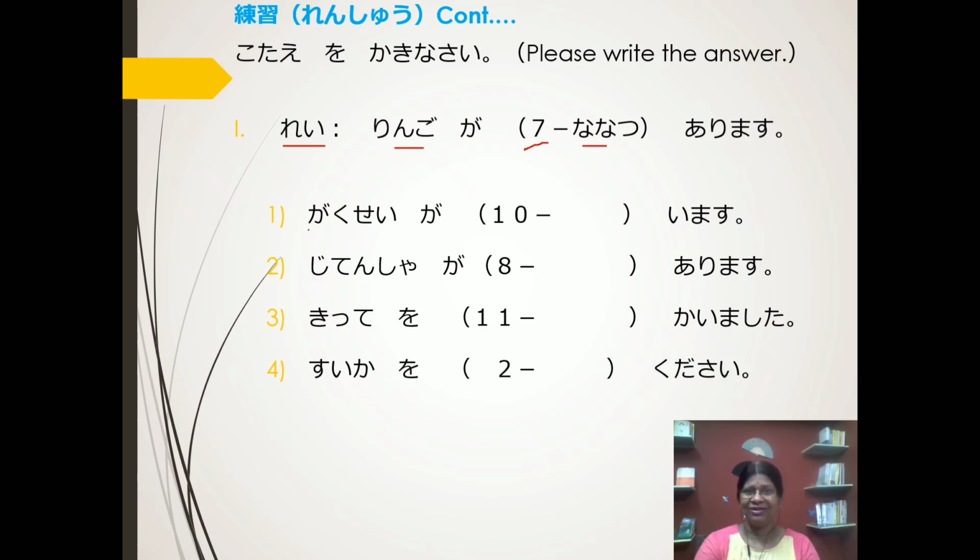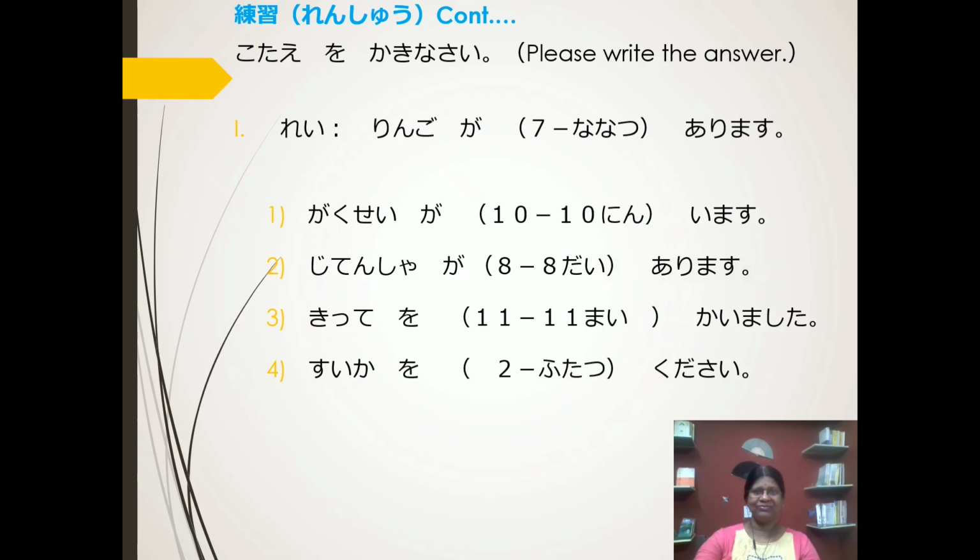As per the nouns or objects we have here, please put the appropriate counter related to these nouns. Please pause my video and do it. Then check with the answers I have given here. Next, here.